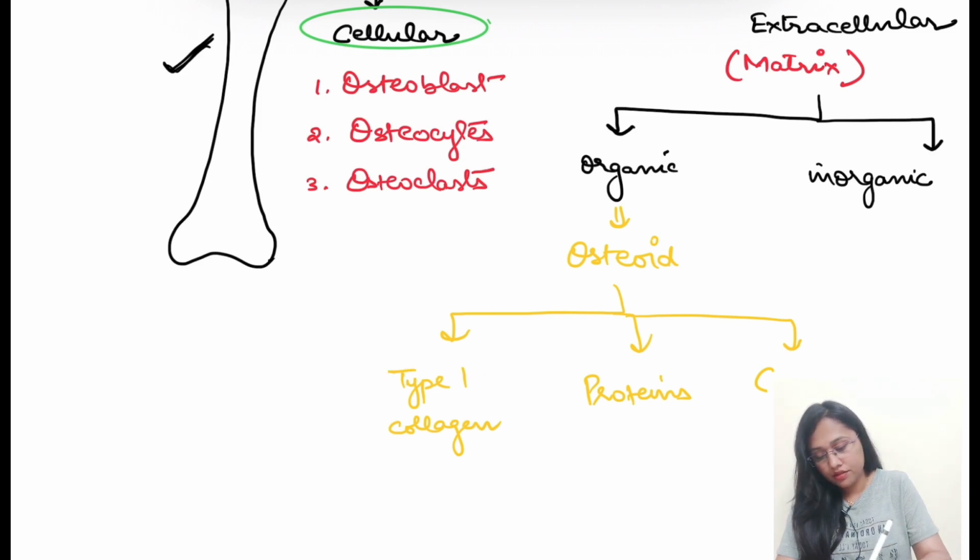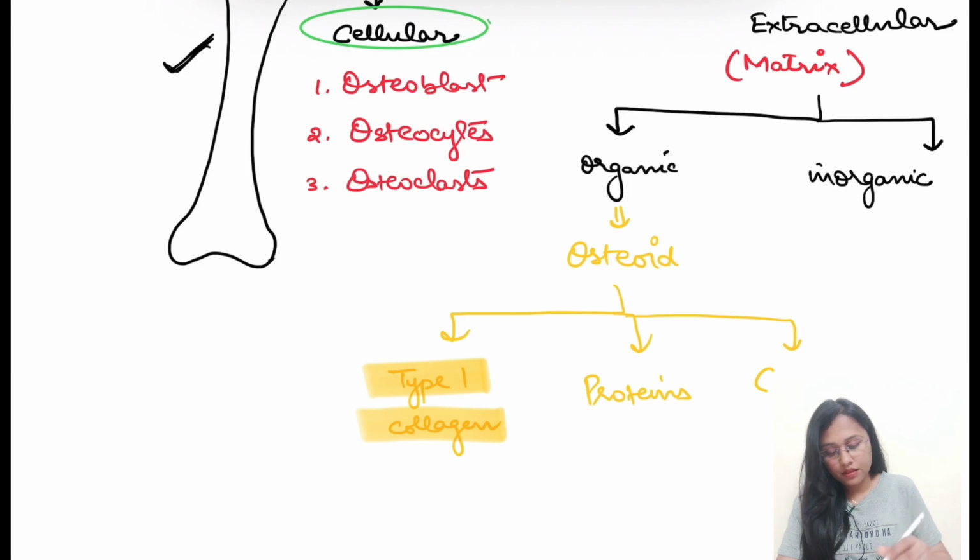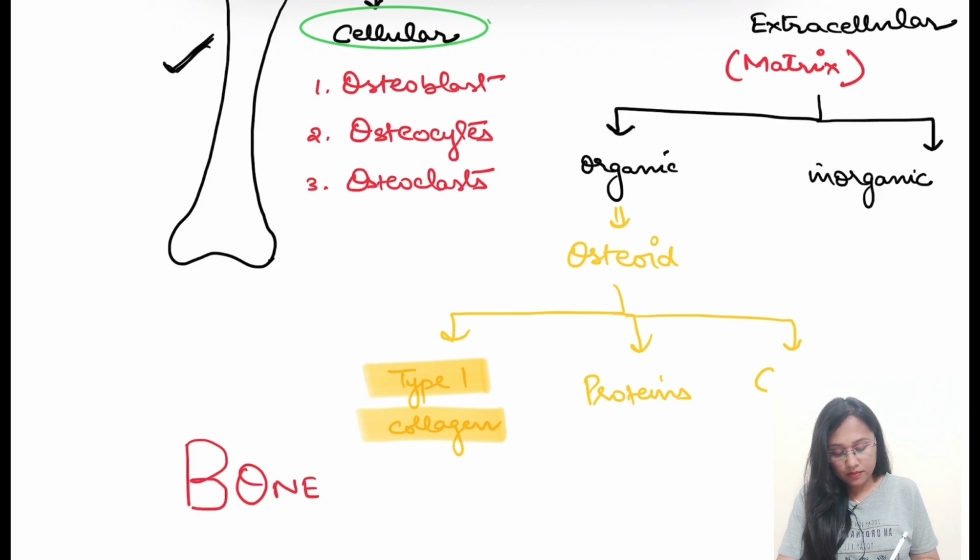A question is often asked: which collagen is present in the bone? It is type 1 collagen. You can remember it like this: 1, ONE, and this becomes bone. So bone has type 1 collagen.